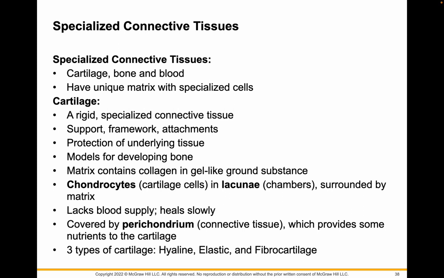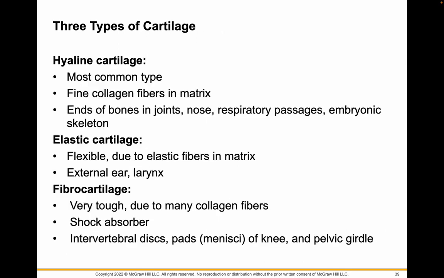There are 3 types of cartilage: hyaline, elastic, and fibrocartilage. So let's look at those. Hyaline is the most common one, so you want to star that, and you find this always on the end of bones. We're going to call it articular cartilage later when we talk about bones, because articulate is to connect. If you're a good articulator, you help people connect what you're saying. So an articulation is a joint.